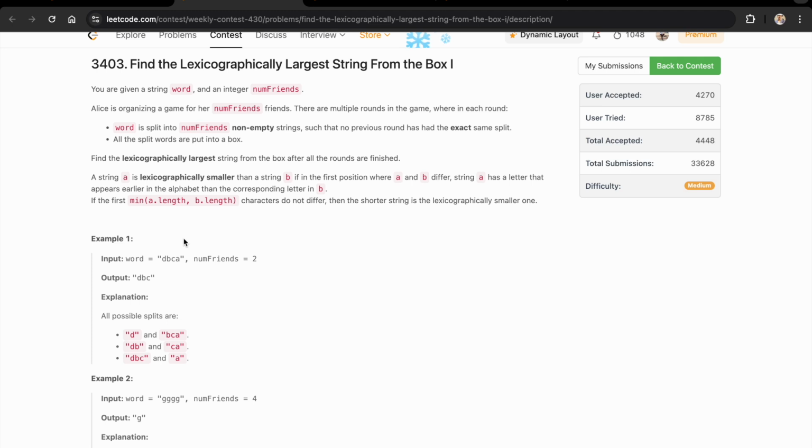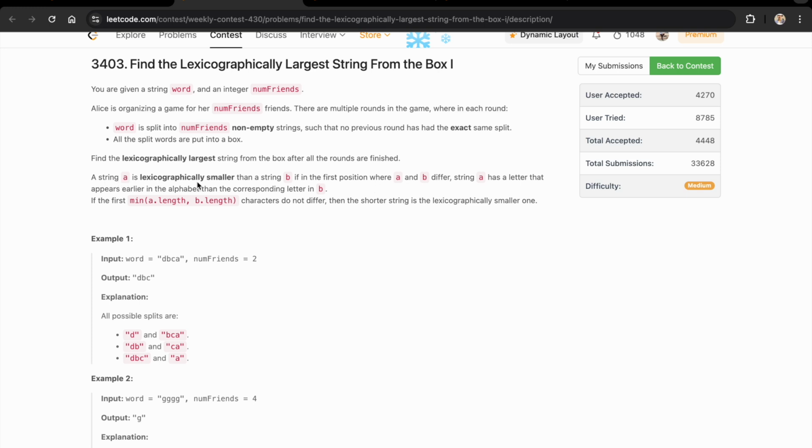So if we are given a word and numFriends, we have to split the word into numFriends parts, and then return the lexicographically largest. What does lexicographically largest mean?